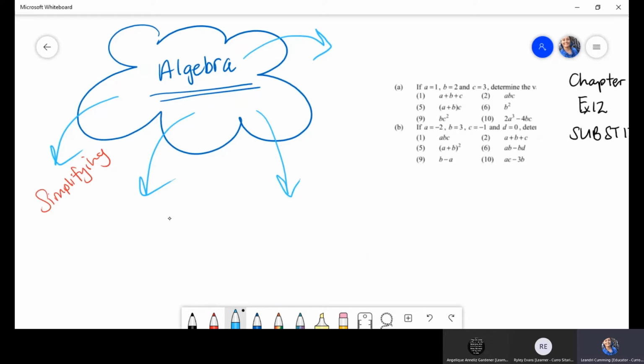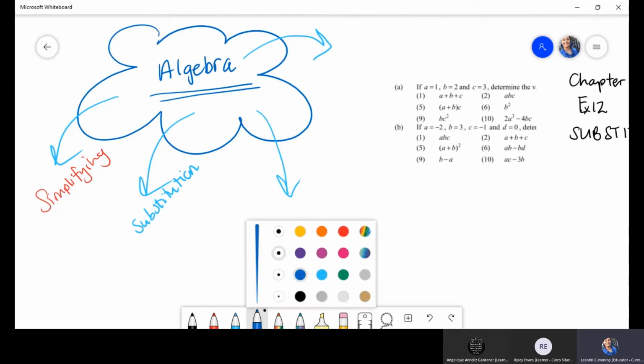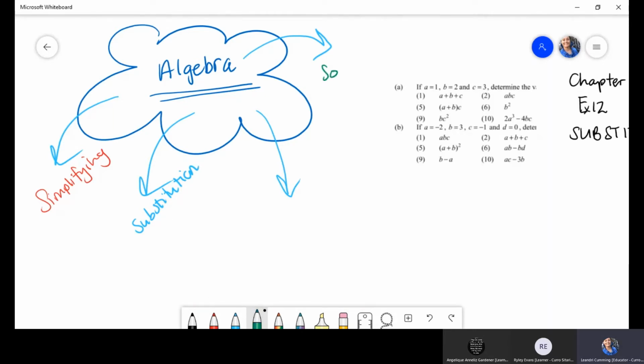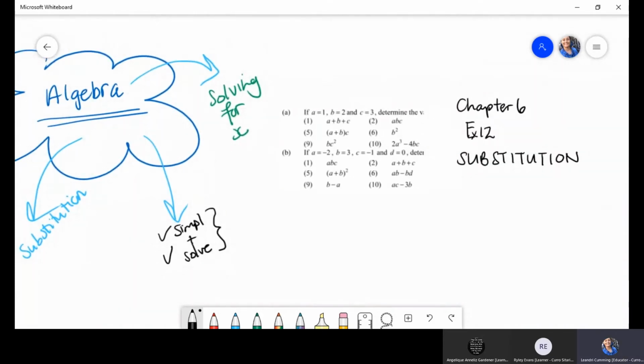We have substitution. That's what we're doing now. We'll still have solving for x, which is coming up. And then what we do with this last one, we incorporate simplifying and we incorporate solving. Simplify together with solve, and we start calling these linear equations graphs.